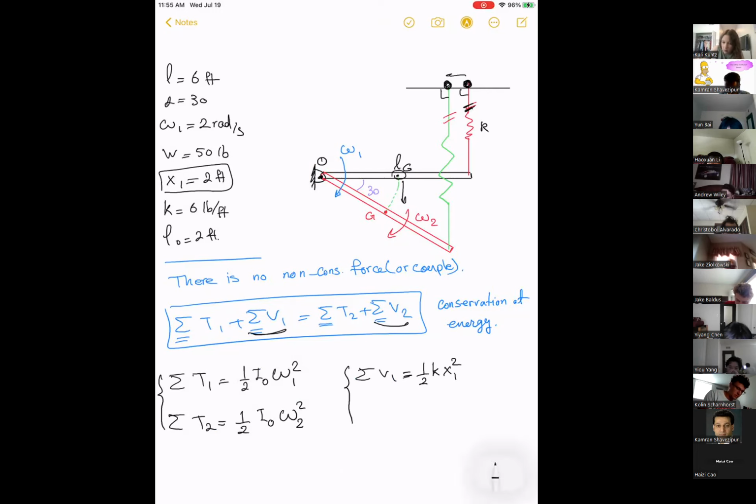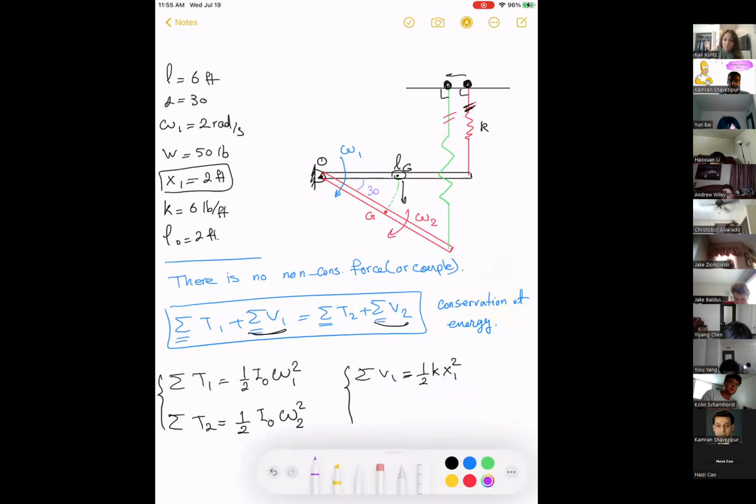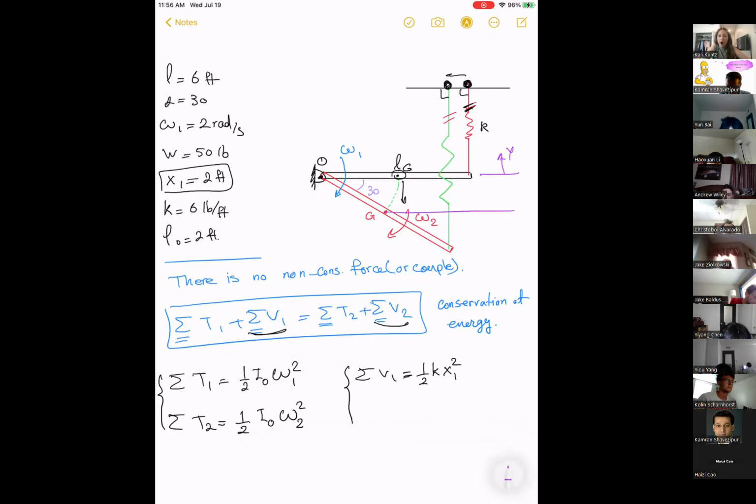For potential energy, what do I need before I measure any value? A reference point. Which point do you pick as reference? Usually you can pick one of the two points as your reference for Y. It doesn't really make any difference, but to me it looks nicer if I pick the first one.